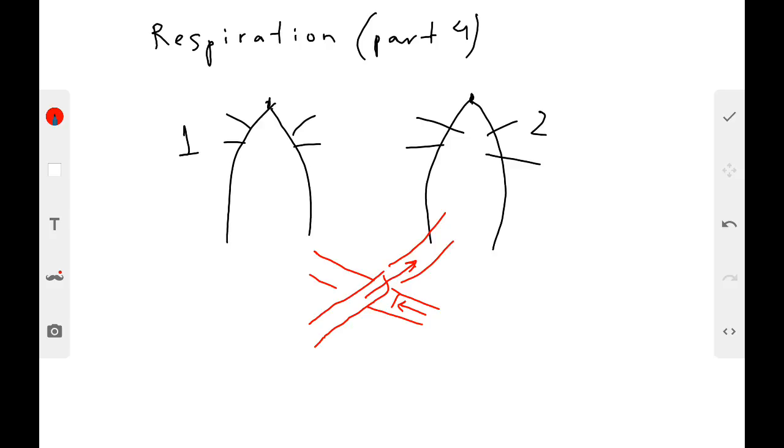The carotid artery of the second dog was joined with the carotid artery of the first dog, so that the blood from the body of the second dog was directed to the brain of the first dog.